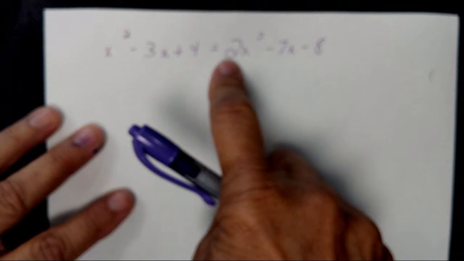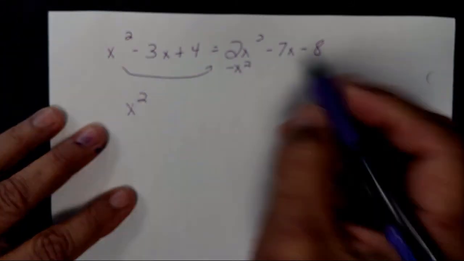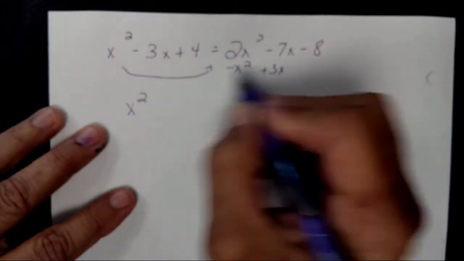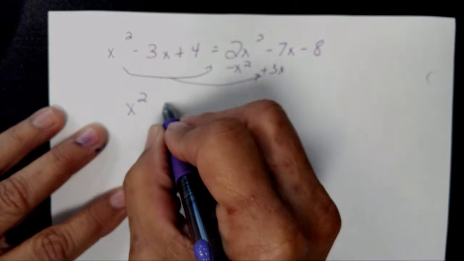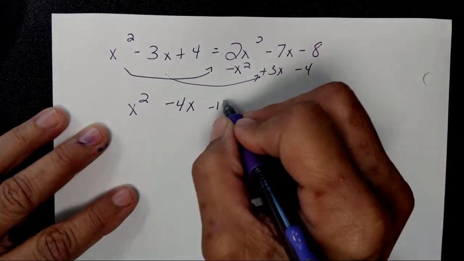Can I drag everything that way? I'm going to recommend you drag everything this way so that A stays positive. So if I pull this over here, minus x squared, what would I get? Plus 3x is going to give me what? And minus 4 is going to give me negative 12.